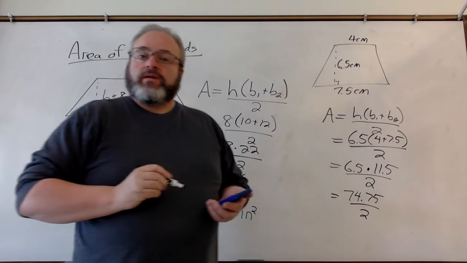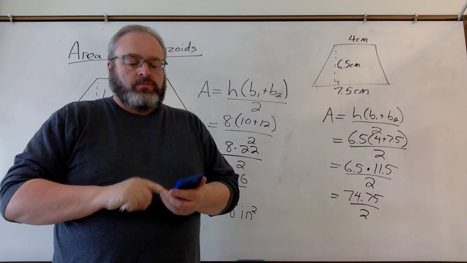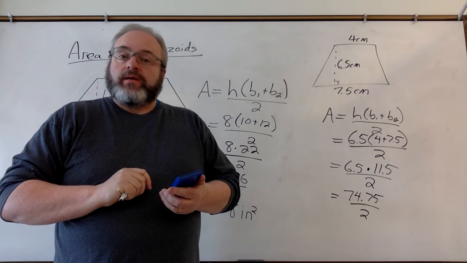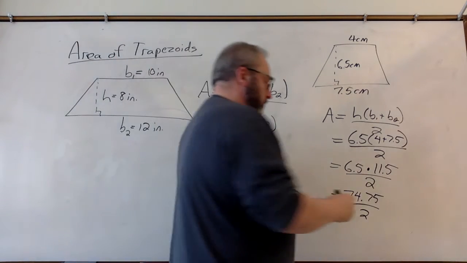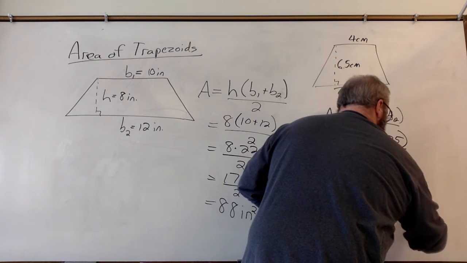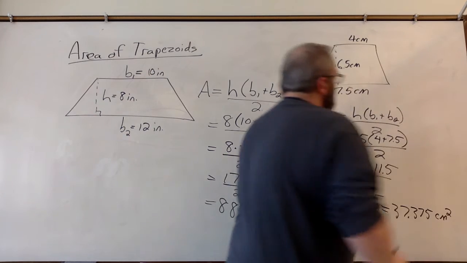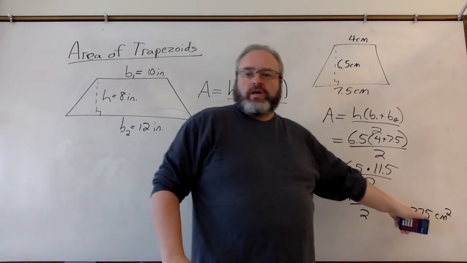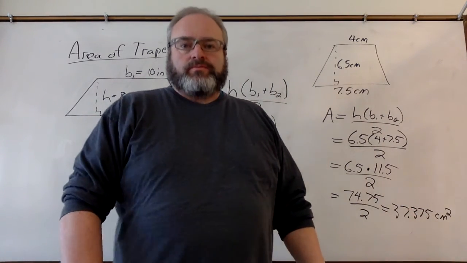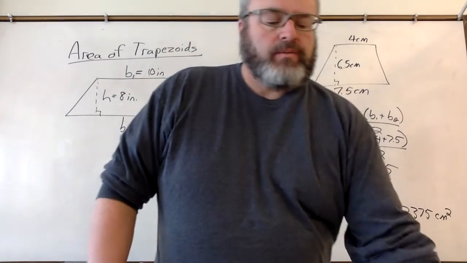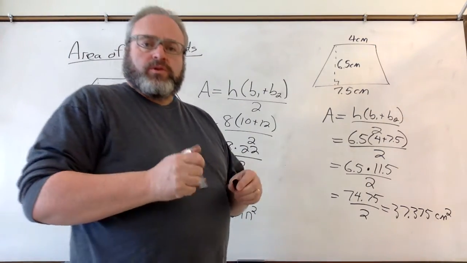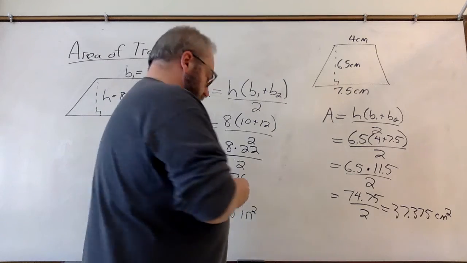And don't forget to then divide that by 2. I get 37.375. And this was in centimeters, so I've written square centimeters. Okay, now let's do one more problem. This one is going to be a little more complicated.